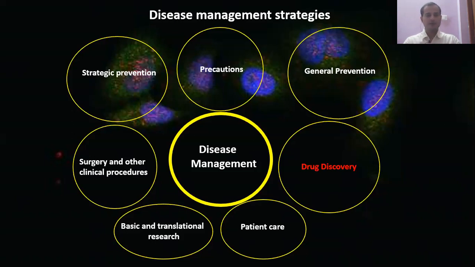Then basic and translational research. Researchers are working day and night to tackle the problem of disease and its associated problems. And then of course, patient care for the faster recovery of the patient who is suffering from some particular disease.